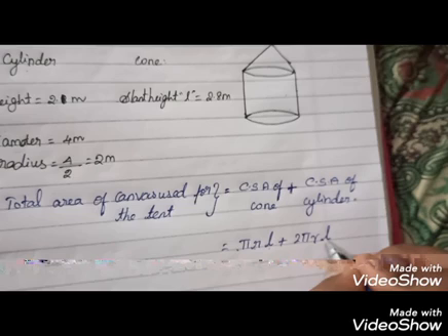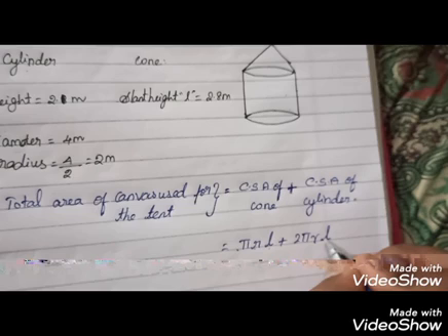Remaining L plus 2h. So this is the easiest way to substitute the values, and the calculation is also very easy. Instead of substituting pi value 2 times, here we have to substitute only 1 time, and it is very easy to calculate. Now one by one we have to substitute the values as given in the question.